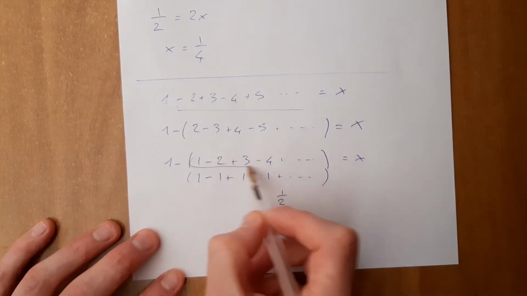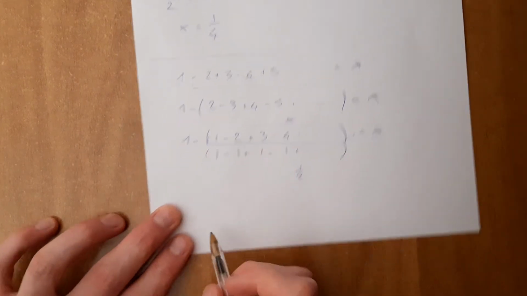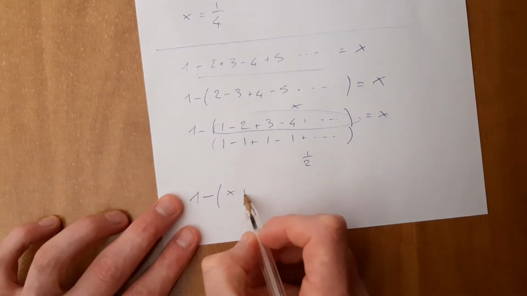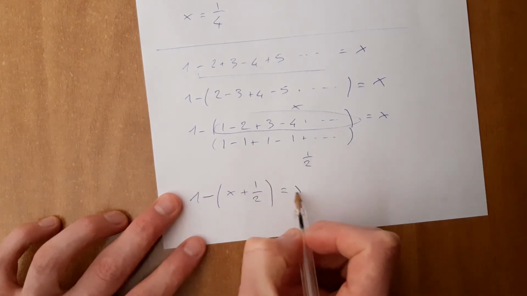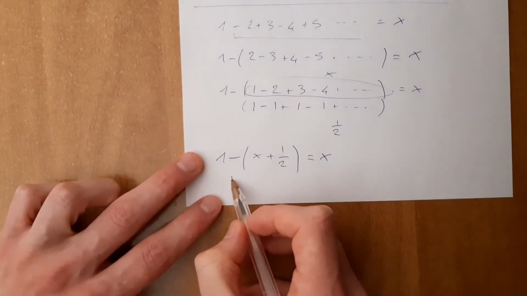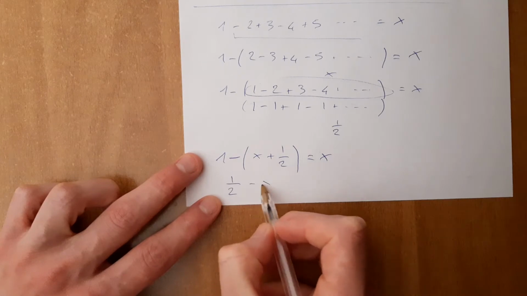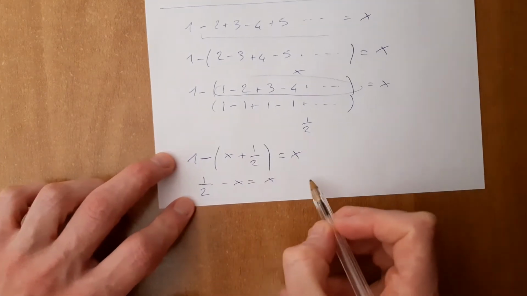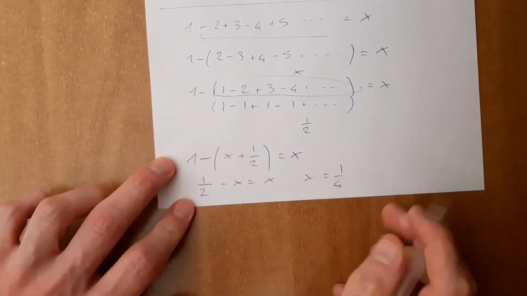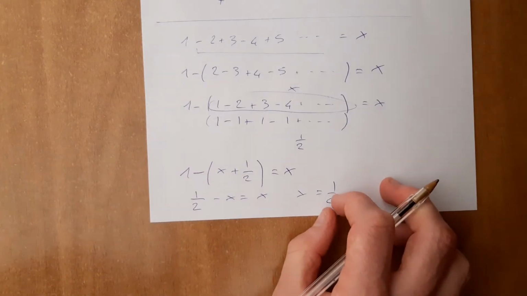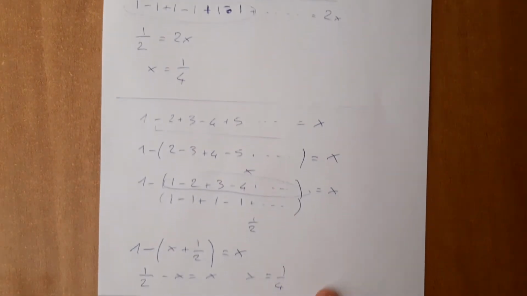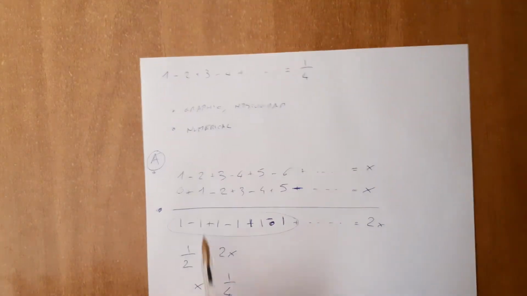So this is x. So 1 minus x plus a half equals x. A half minus x equals x, so x equals 1 over 4. This is another way, but it's very similar to the first.